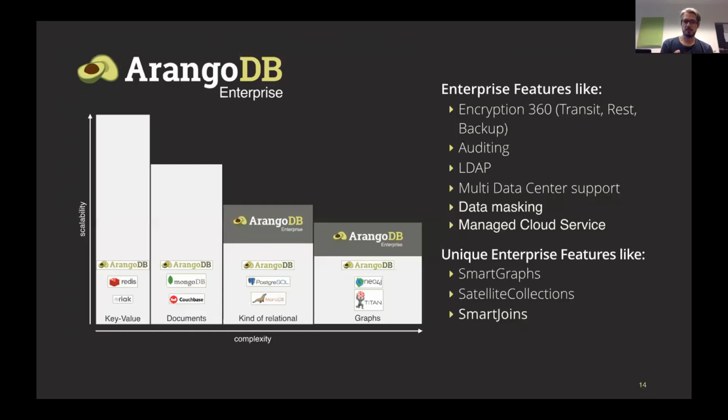But if we now switch the focus a bit more to the schema on the left side, what you can see there is that querying different data models for different relationship complexities is not that easy.